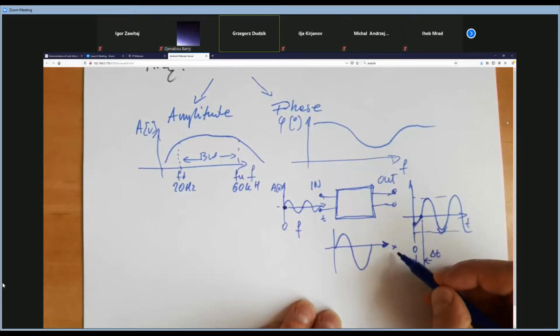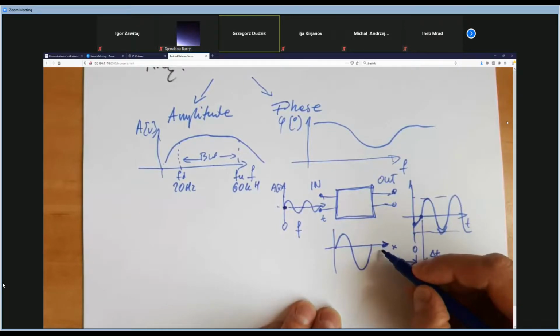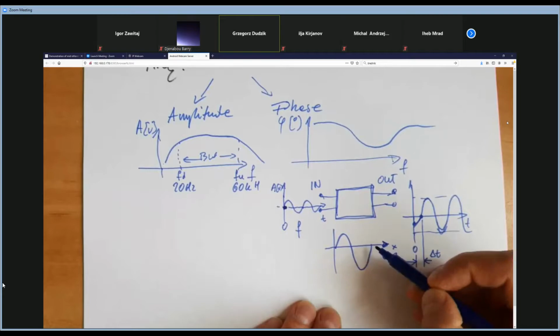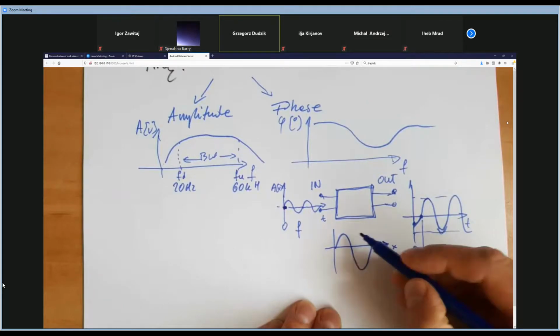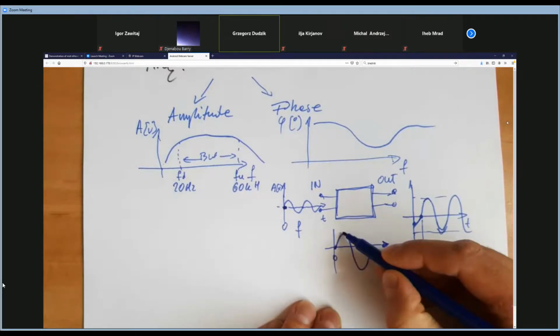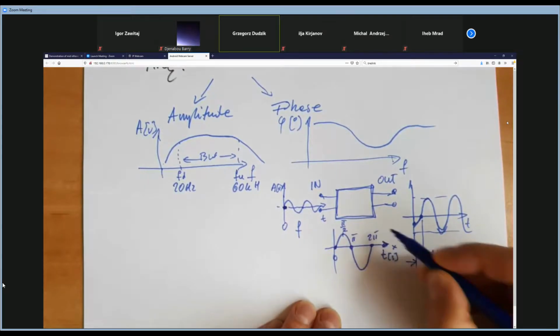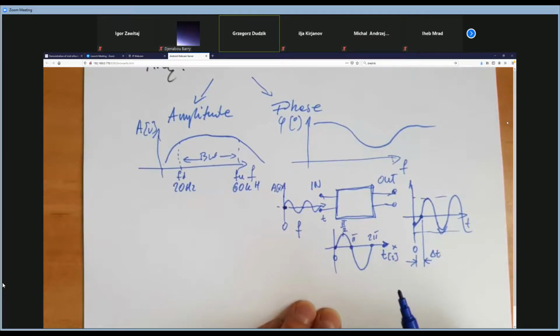For example, if we have time, we've got seconds. However, we know that the sine waveform can be described in the angle domain. Here we've got 0, here we've got pi over 2, here we've got pi, and here we've got 2 pi. Yeah, that's right.